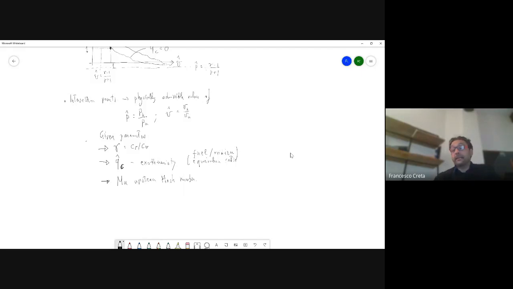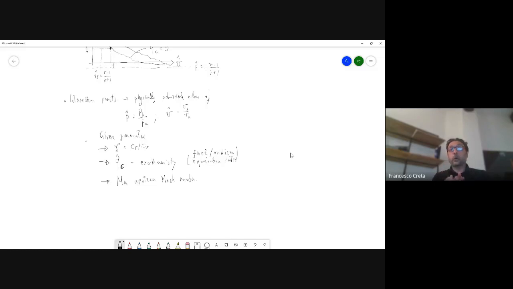Now, that may seem a little disappointing, in the sense that you may ask, doesn't this whole treatment give me the propagation speed? Well, no, generally it does not. You have to specify it because you have to specify the slope of the Rayleigh lines.